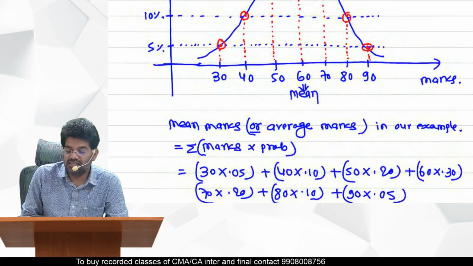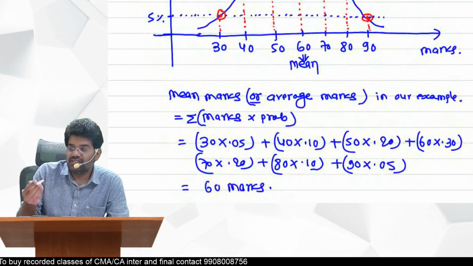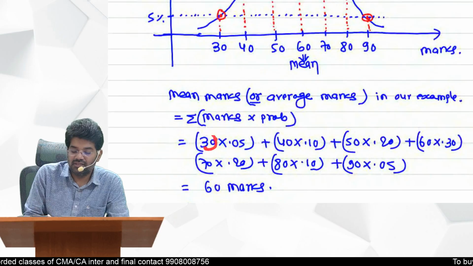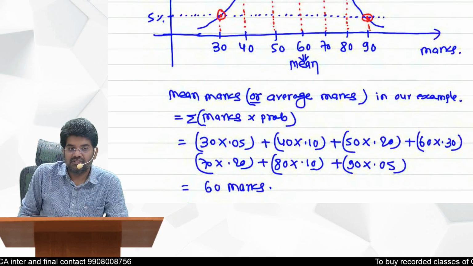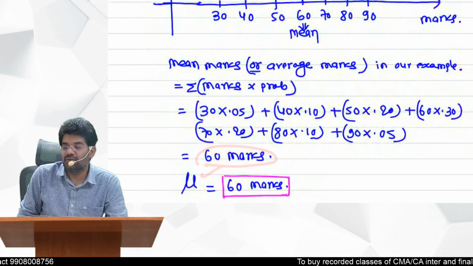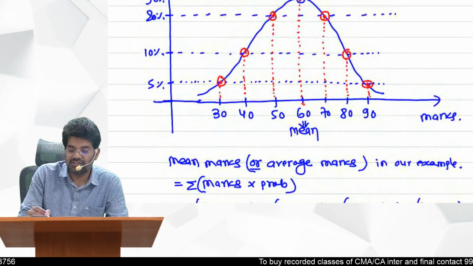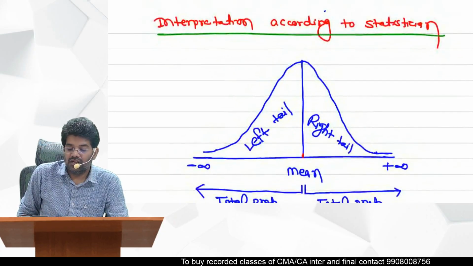So how do you get this average? The average is the summation of each possibility multiplied by its probability. If you multiply exactly, you will get 60, so 60 is your mean, nothing but the average.